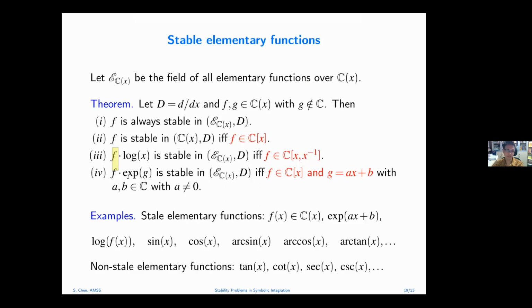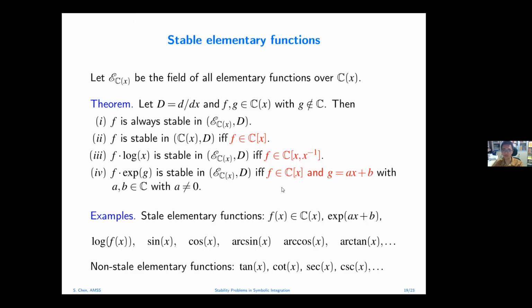And I think one of my favorite results is the following for the exponential function. If f and g are both rational functions, you can ask when exp of f over g is stable. The necessary and sufficient condition is that f must be a polynomial, and g must be a linear polynomial, ax plus b with non-zero a.